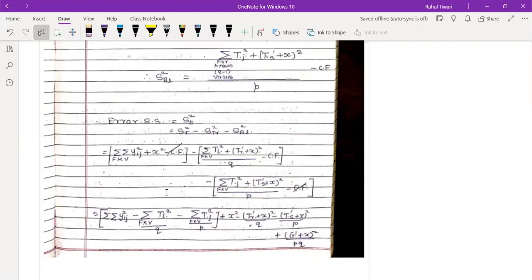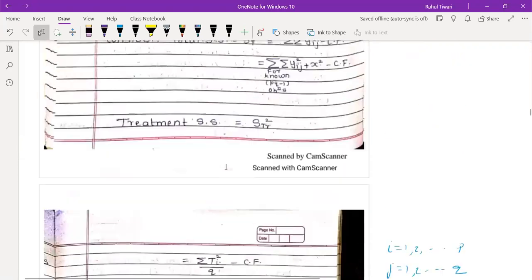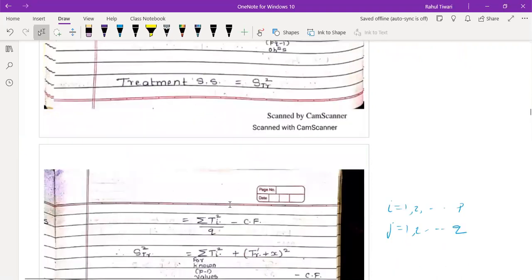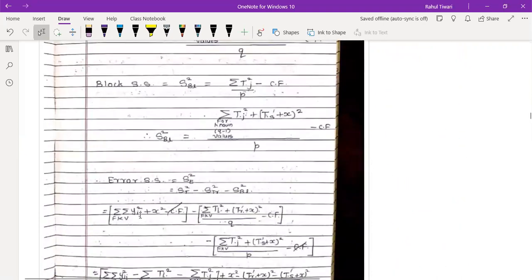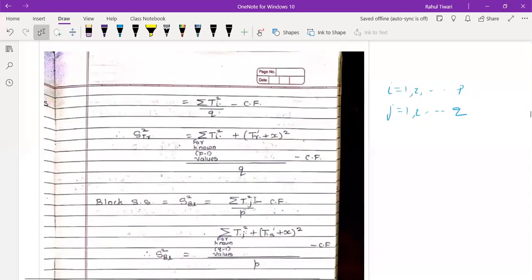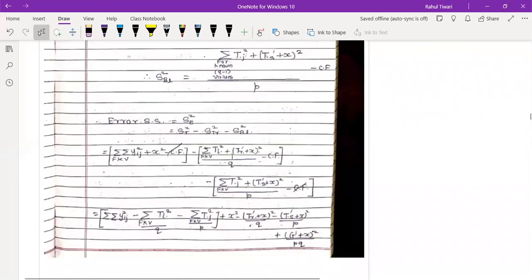You can simplify all of these. You have the total sum of squares, so substitute it here; your treatment sum of squares, which is nothing but this one, substitute here; and the block sum of squares, substitute it too. The correction factor will get cancelled, and you just need to simplify the steps.